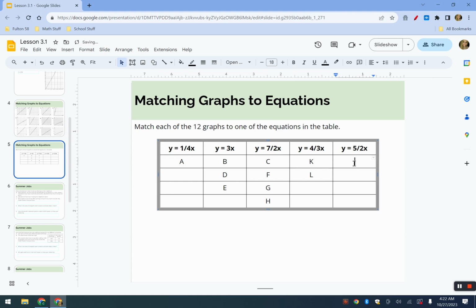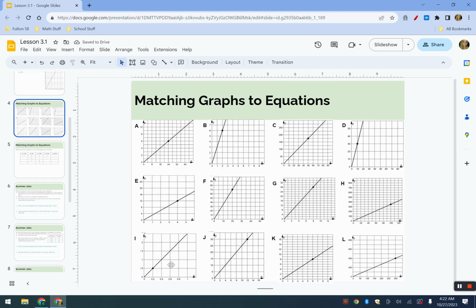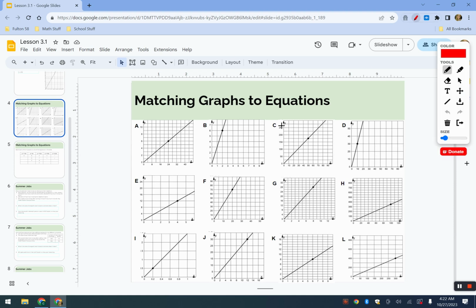And so then for the last one, that leaves us with I and J. So I is up a half over 0.2. So 0.5 over 0.2.